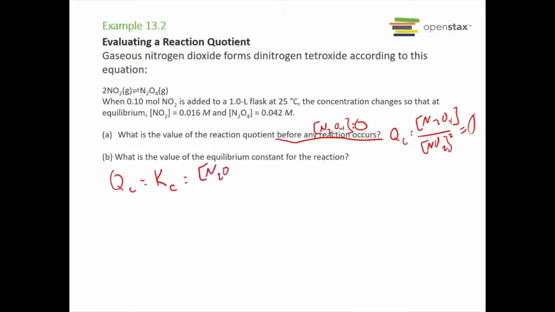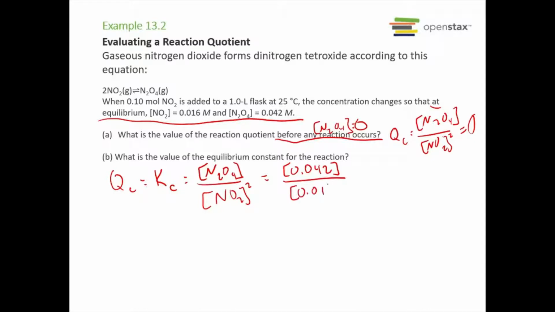So that's, again, N2O4 divided by NO2 squared. And we're told that at equilibrium, those are our concentrations. So N2O4 is 0.042 molar divided by NO2 squared, 0.016 squared.